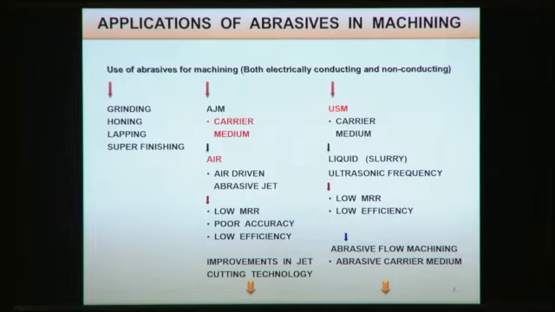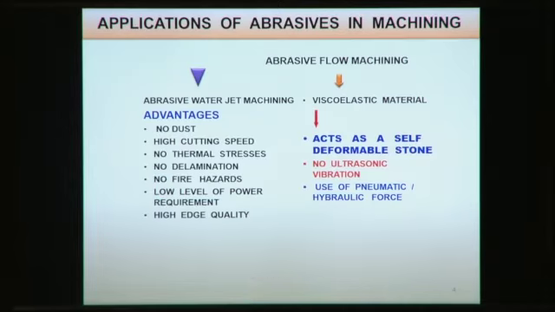Another process where loose abrasive is used is the abrasive flow finishing process. In this process a viscoelastic base medium is used, which acts as a self-deformable stone, and there is no ultrasonic vibration of the tool as in ultrasonic machining.